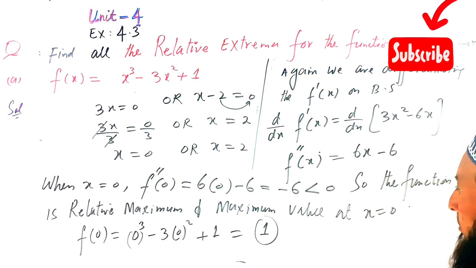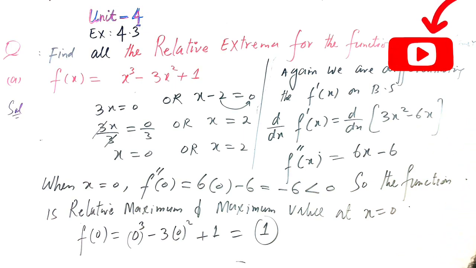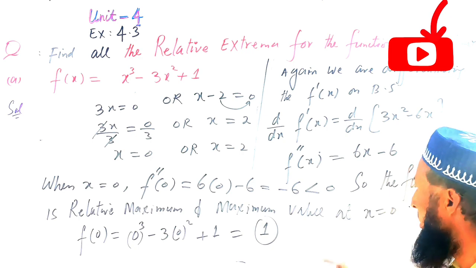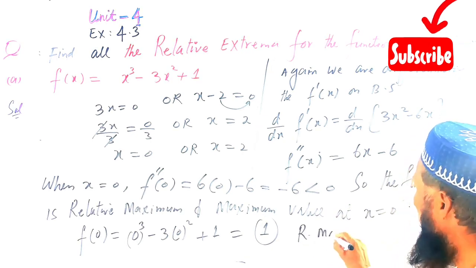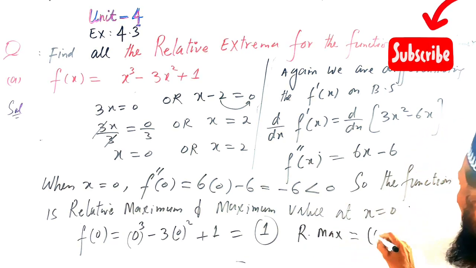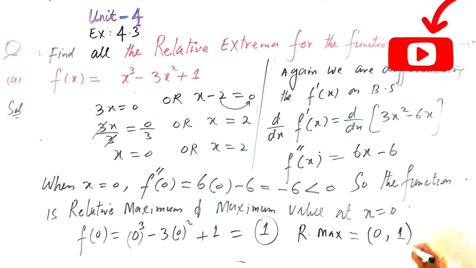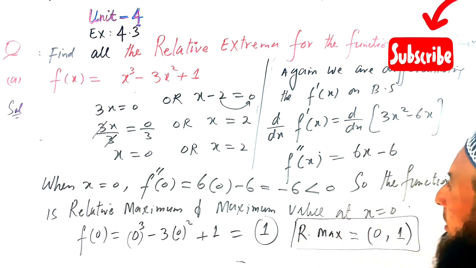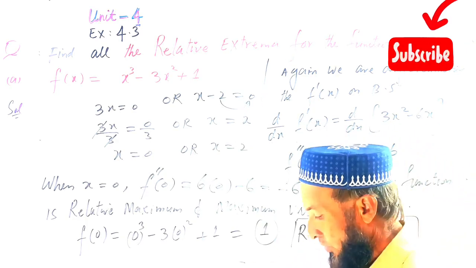So the relative maximum value is at 0 and 1. Now we apply the second test.